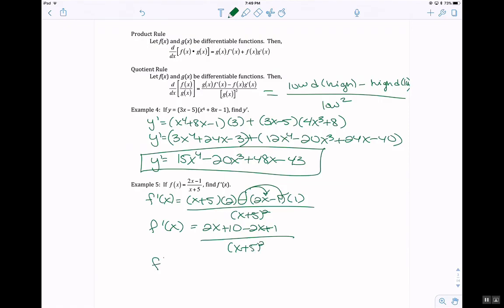So f prime of x, my 2x and my negative 2x cancel out, so I'm left with 11 in the numerator, and x plus 5, the quantity squared, in my denominator. Okay. Next thing is chain rule.